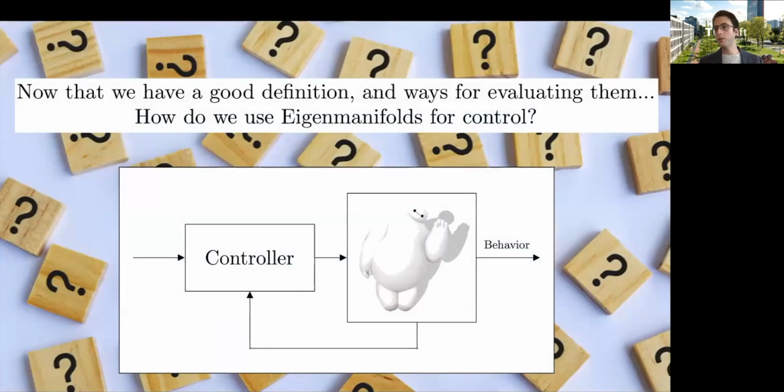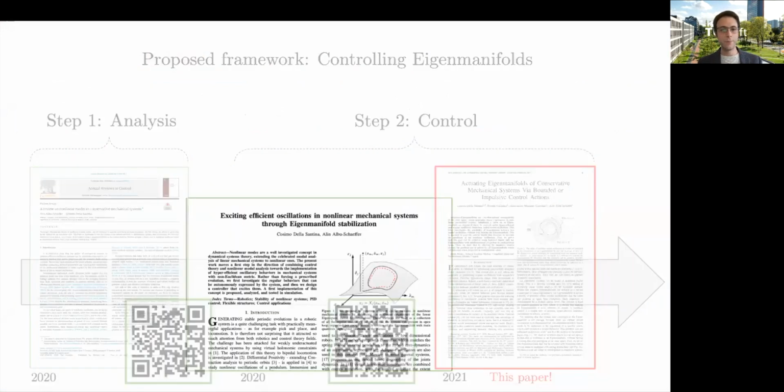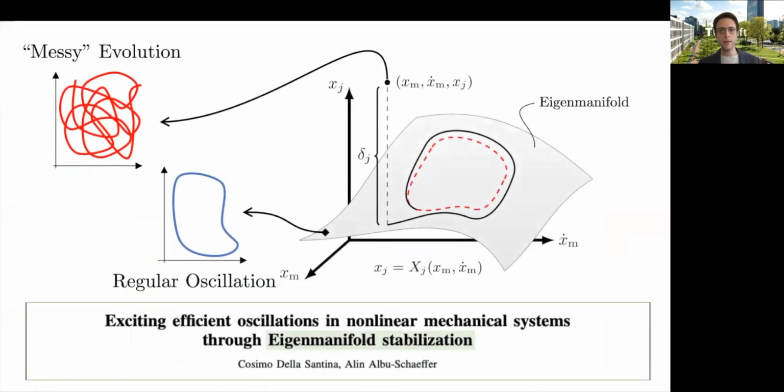So now that we have this definition and we also have a way to evaluate these eigenmanifolds, how do we use them for control? This is where the second step comes into place. The first block was introduced in this paper, and the idea is just to say, okay, outside the eigenmanifolds, the behavior is messy evolution.